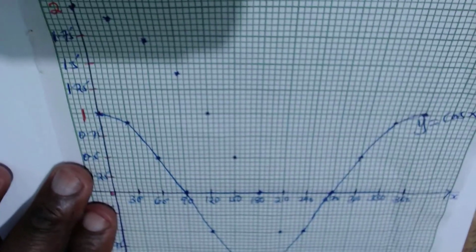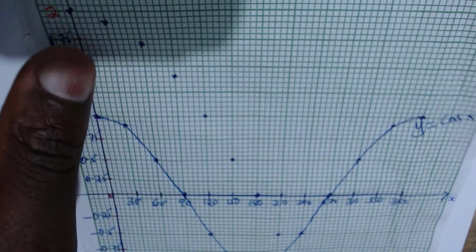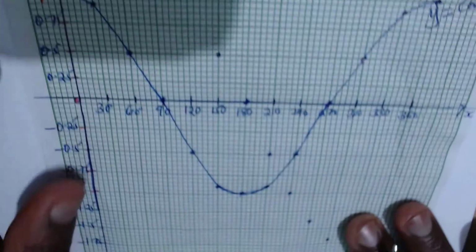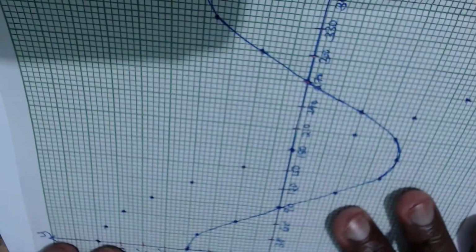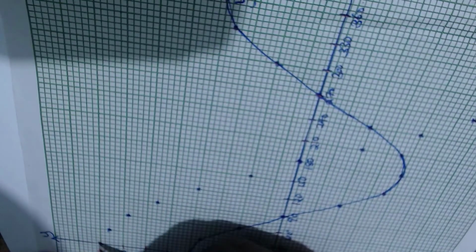You can see how the points are moving down to the last one. So we join again that one using a smooth curve.